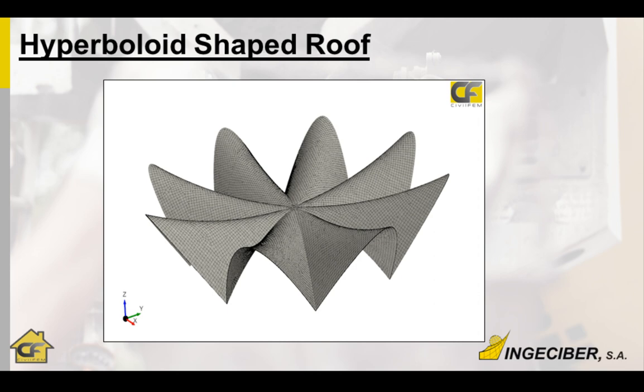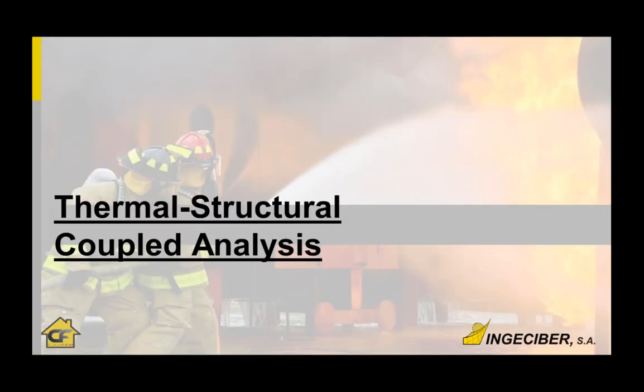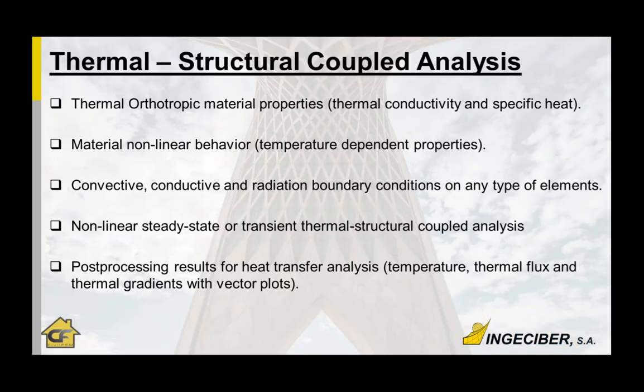Okay, if we continue with the next feature, the thermal structural coupled analysis, we have strong coupled analysis where we are performing thermal analysis on every increment, and thermal results are applied to the structural analysis as thermal loads.